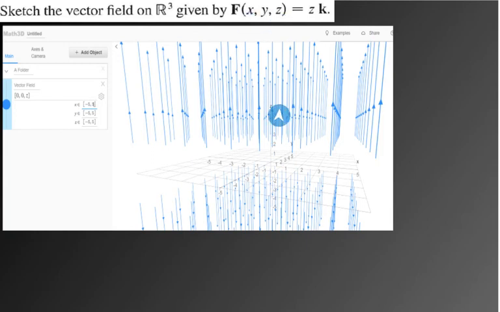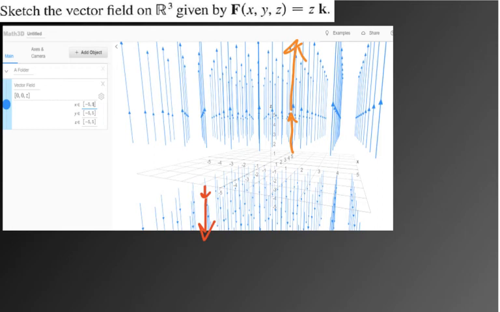At 0, 0, 2, it's going to be bigger going up. At 0, 0, 3, it's going to be even bigger. If you look at the picture here, you can see that the vectors are getting larger and larger. They shoot off in two different directions, because down here they're going to go bigger and bigger into the negative.